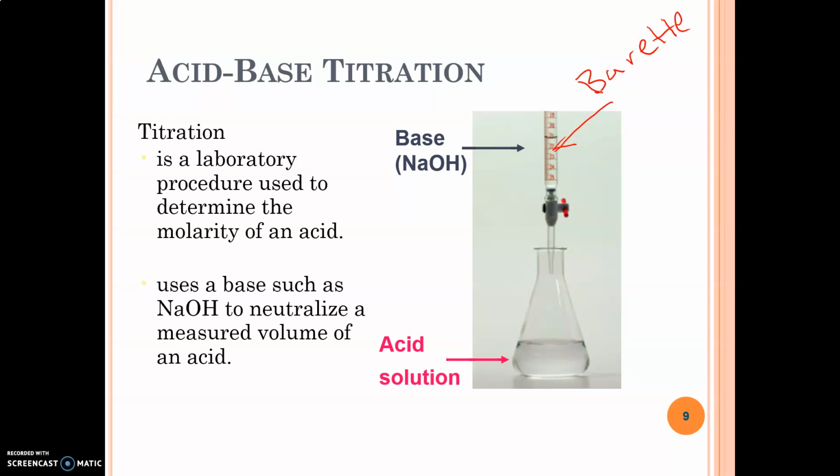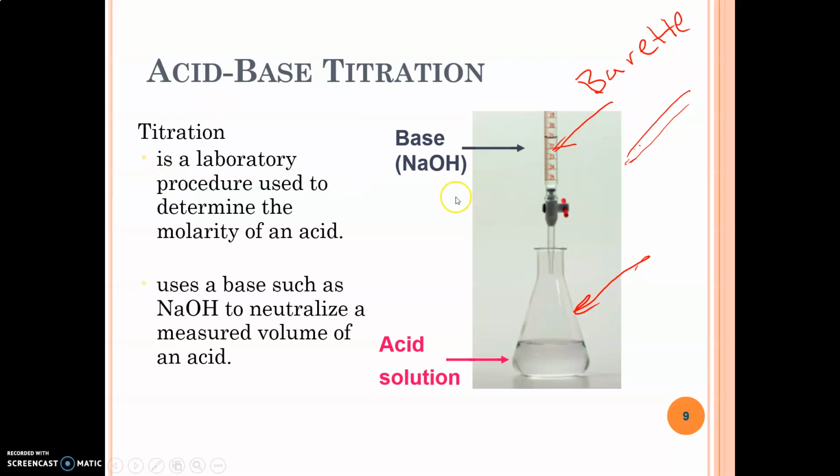Yes. And this is, of course, a conical flask. And you can use pipette. Pipette looks like a long tube and it's graded, okay, which you can just pull the amount of the substance, which is acid or base.